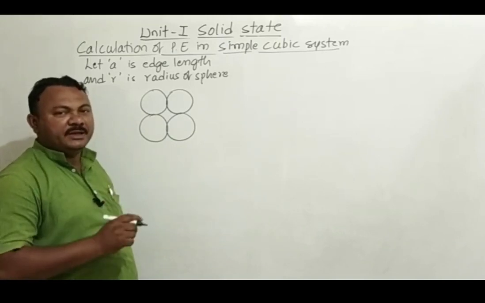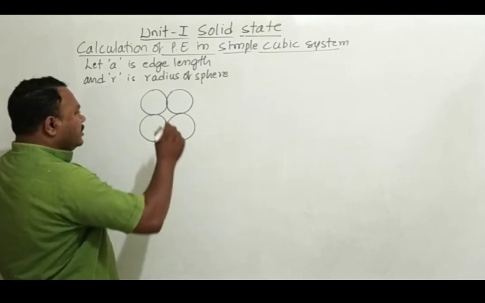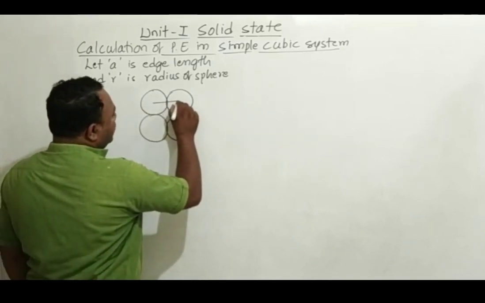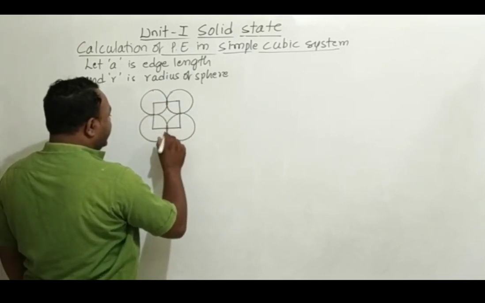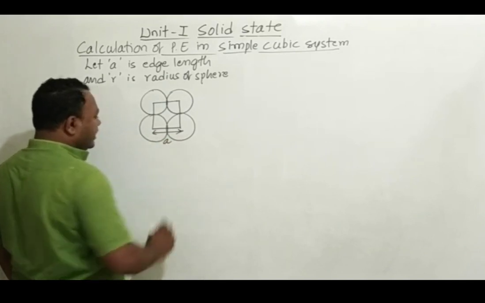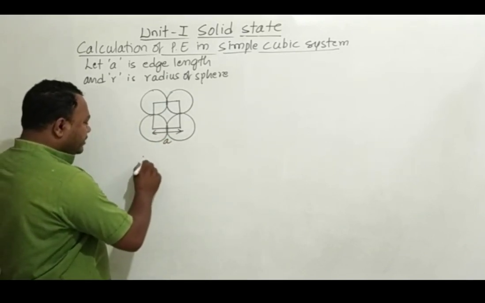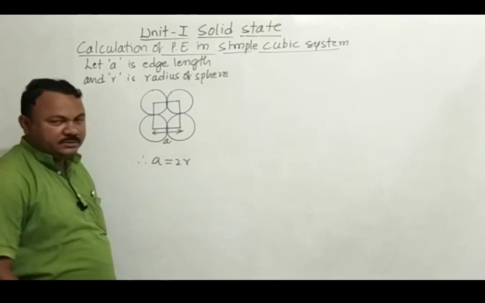These are the 4 spheres present at the 4 corners of a unit cell. So this is one face of the unit cell and these are all the corners. Now directly we are getting relation between A and R. So this is nothing but the edge length A. So from the diagram directly I can write relation between A and R. A is equal to 2R.